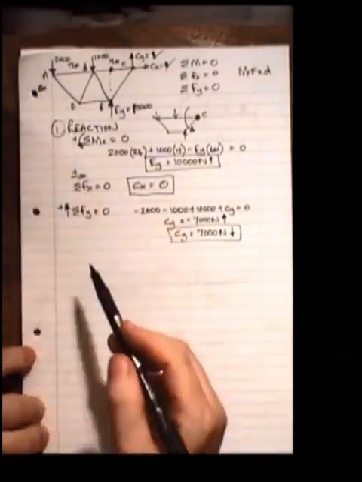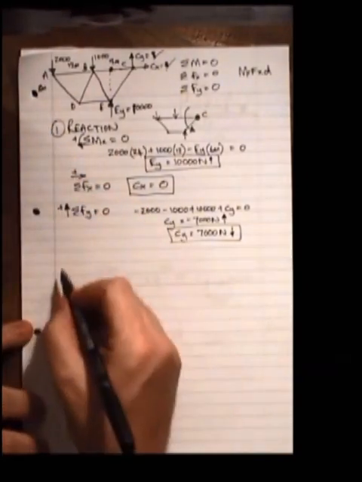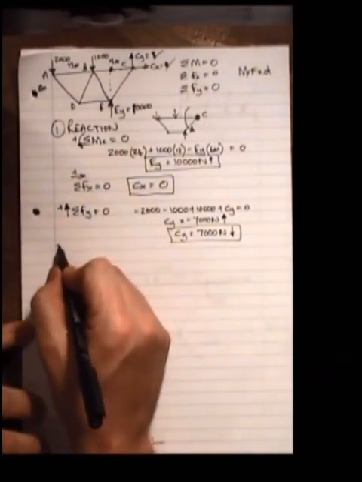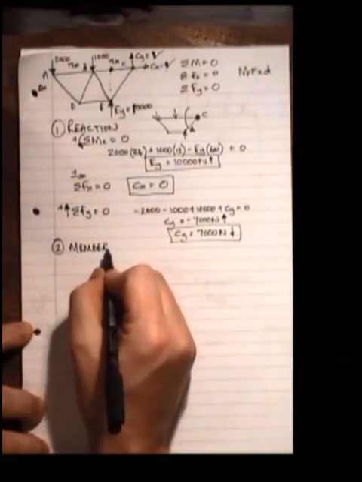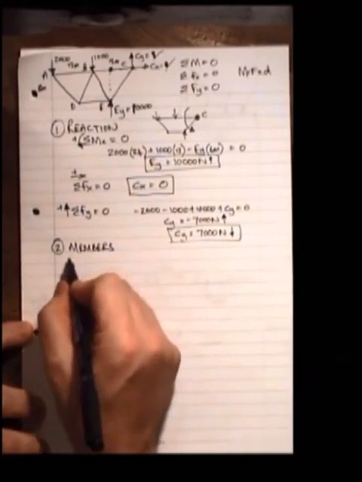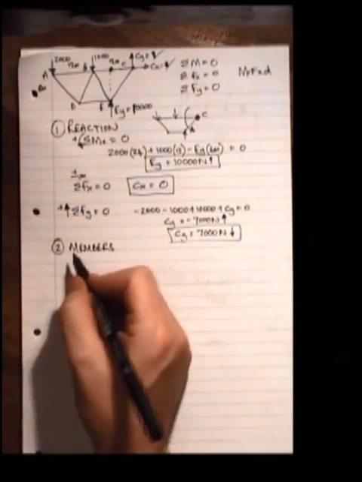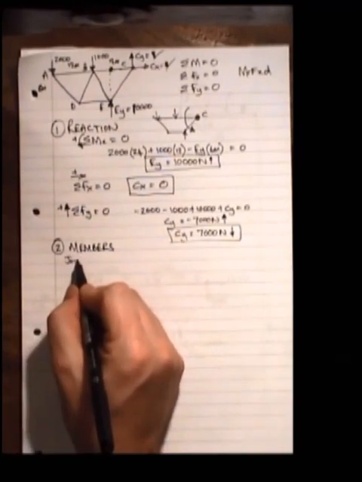So if we look at A first, so 2 members, and we look at joint A first.